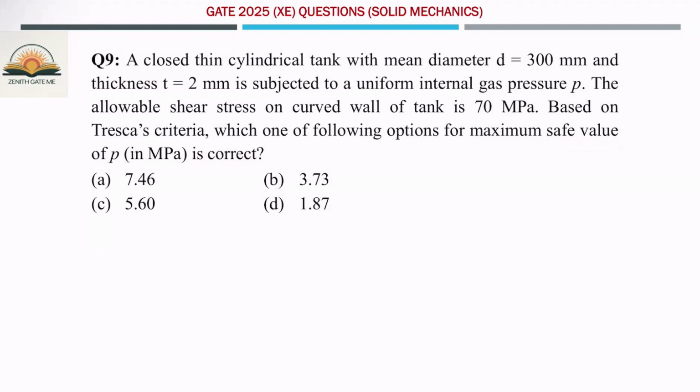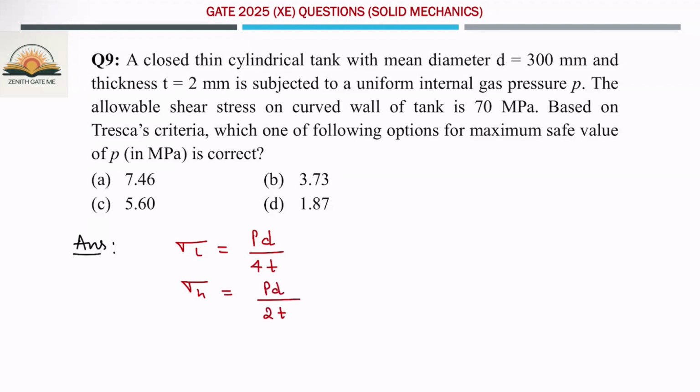Okay, so you know that in case of a thin cylindrical tank, there will be two different types of stresses. One is called the longitudinal stress, which is PD by 4T, and there is a hoop stress, which is nothing but PD by 2T.